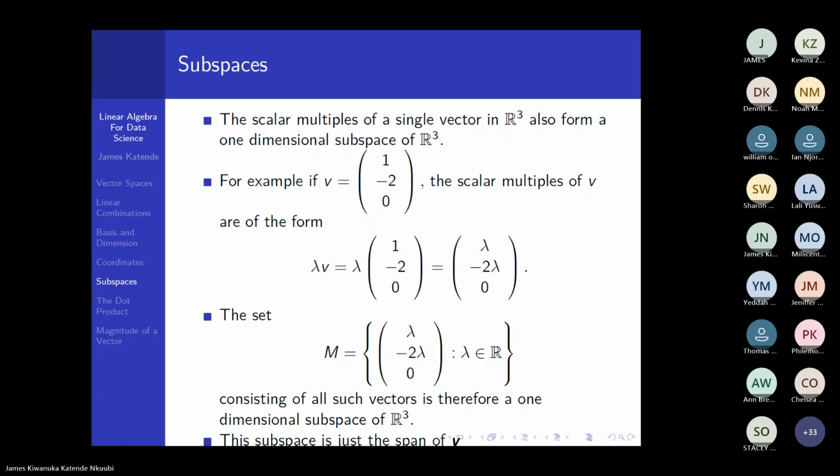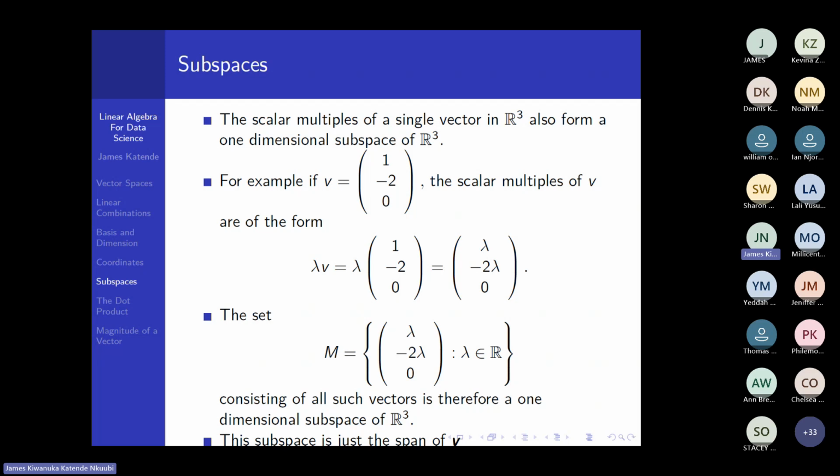And any vector spanned by V will look like this. So this is a line through the origin. The set of all linear combinations of this vector is just a line in 3 dimensions through the origin. And the dimension will be 1 because it is spanned by one vector.